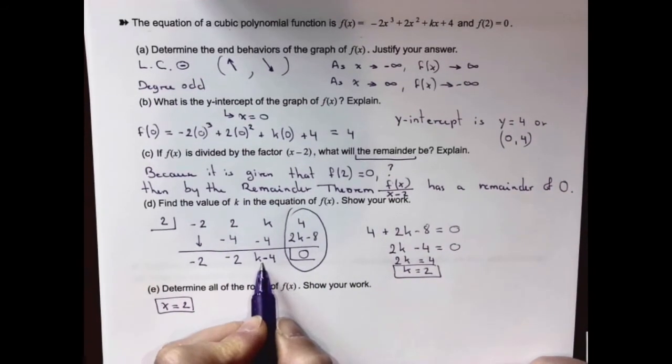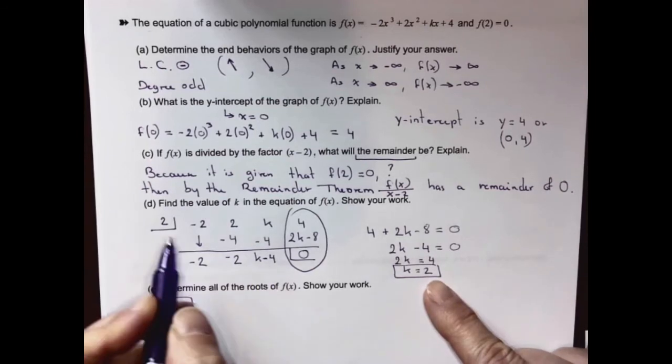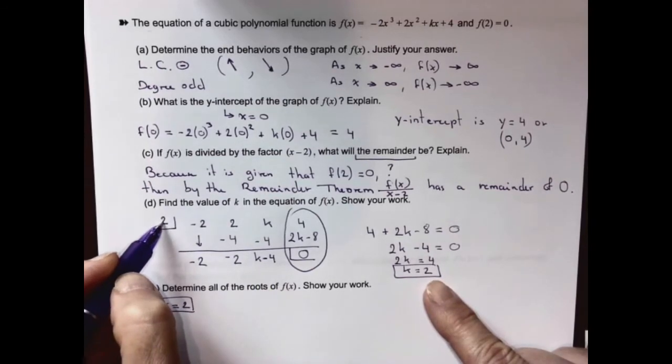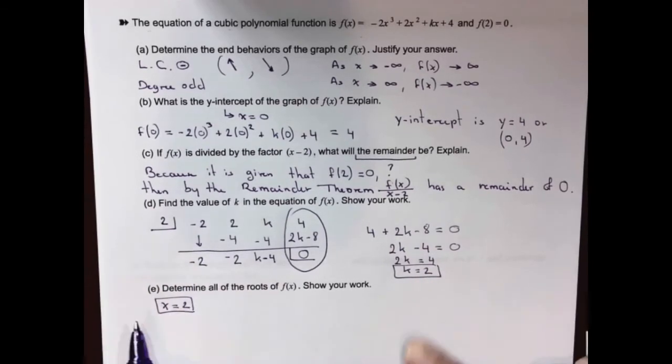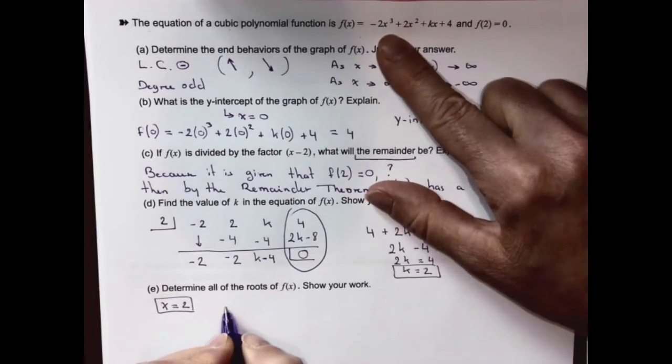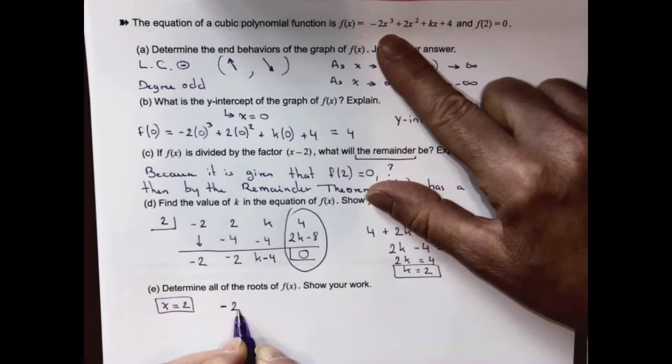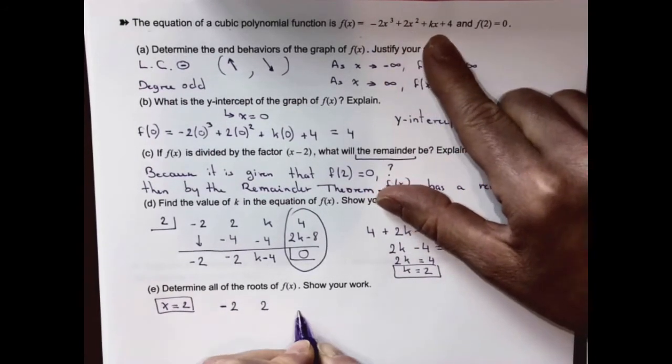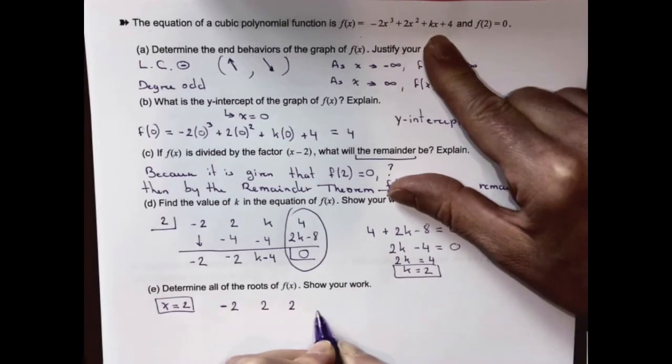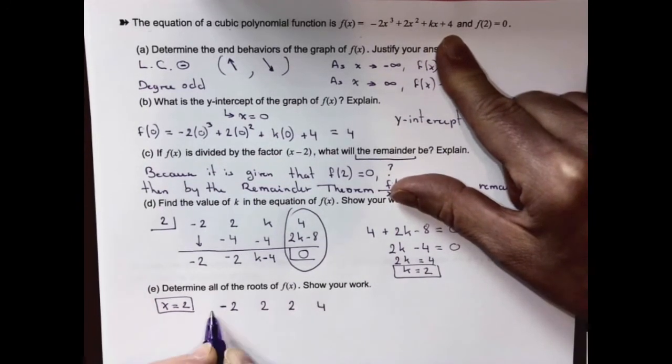Now, I know that k is 2, and when I divide by x minus 2, I got this right there. So let's just replace that k by what we know. So negative 2, 2, we know k is 2. Oh, that's a whole bunch of 2's. And then 4, and we're going to divide that by 2, because we already know we get the remainder of 0 there.